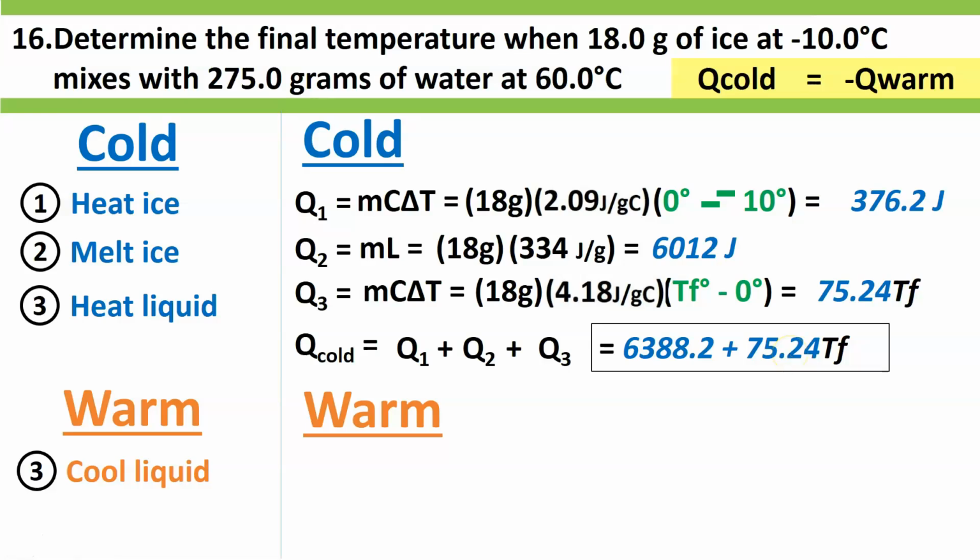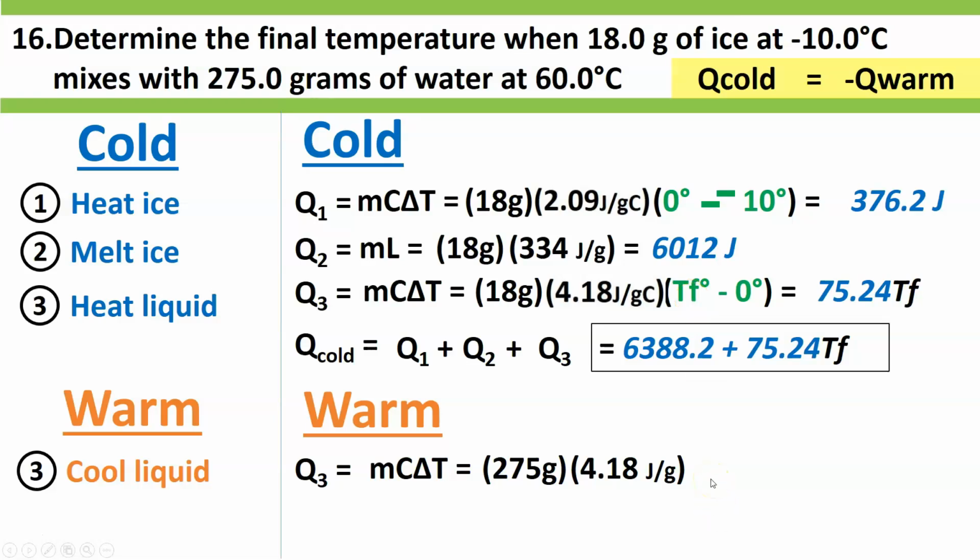Now let's find our warm water. Q3 is going to be an mcΔT. We have our mass. This time, look, the masses are not the same, are they? This was the warmer water. We had a lot more of it. We have our specific heat. Our final temperature, once again, we don't know.